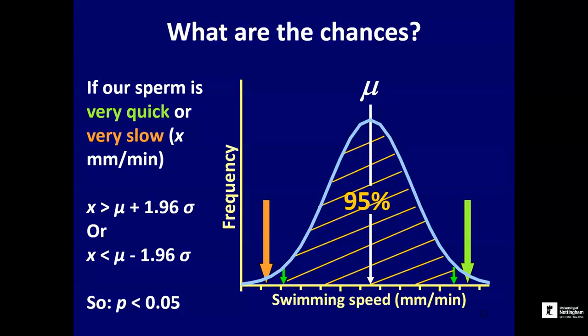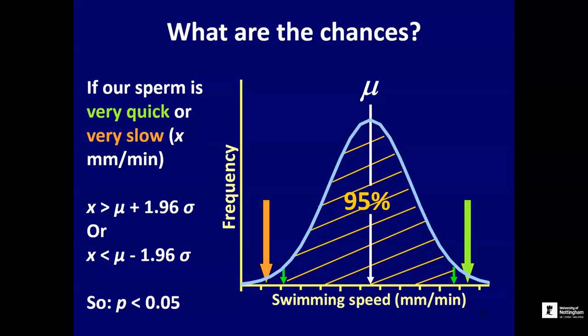If its swimming speed is more than 1.96 standard deviations away from the mean of the population with which we're comparing it, then what we're saying is the chances of observing that sperm, if we drew a sperm at random from the underlying population, the chances of observing a sperm with such extreme swimming speed is less than 5%, because a sperm with a very slow or a very fast swimming speed lies outside the 95% region of this normal population.